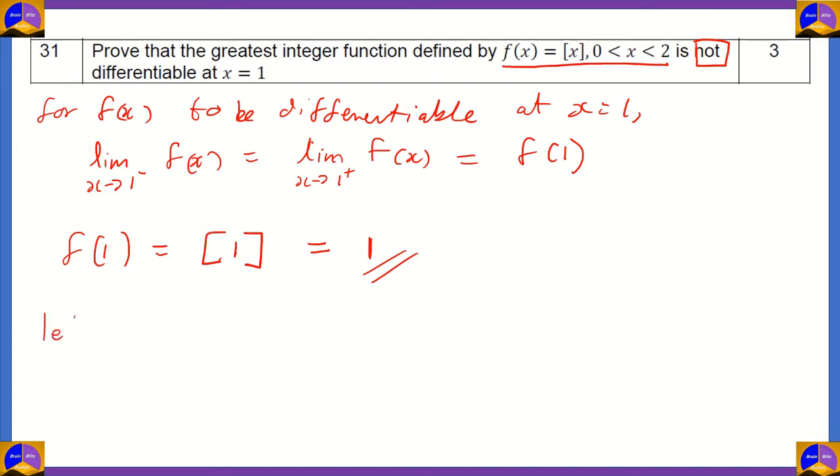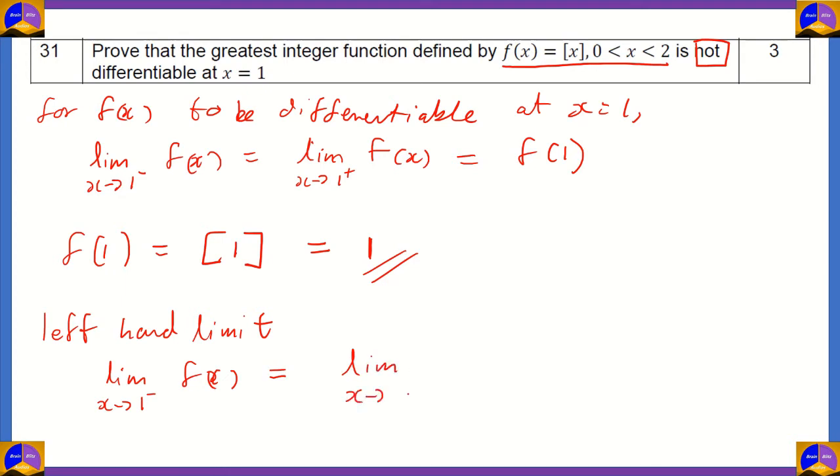Now let's look at the left hand limit, or LHL. That is limit x tends to 1 minus f(x), which will be equal to limit x tends to 1 minus the greatest integer function of x, and I say that this value is equal to 0. Why? Because x tends to 1 minus represents the fact that x approaches 1, so basically the value of x is now less than 1.